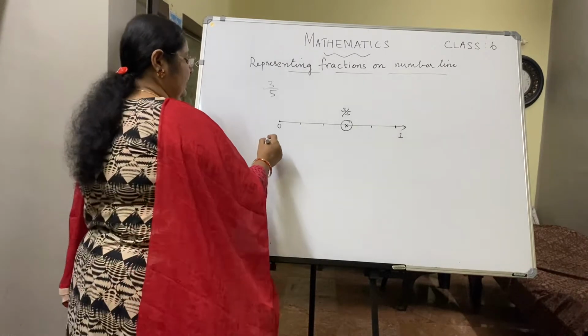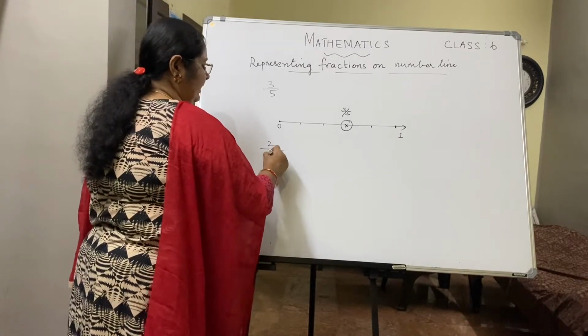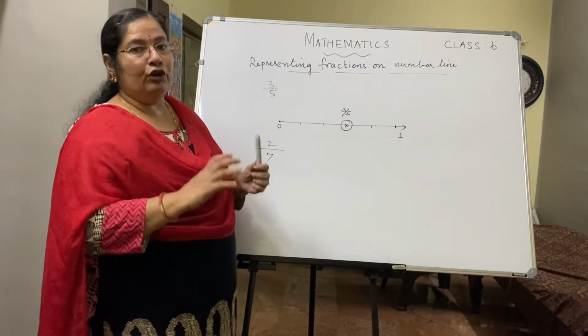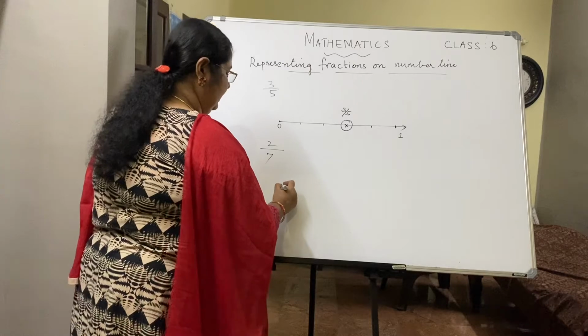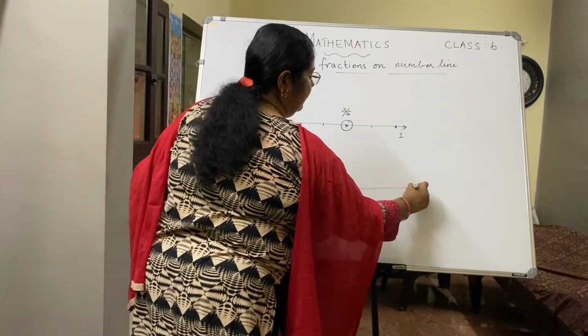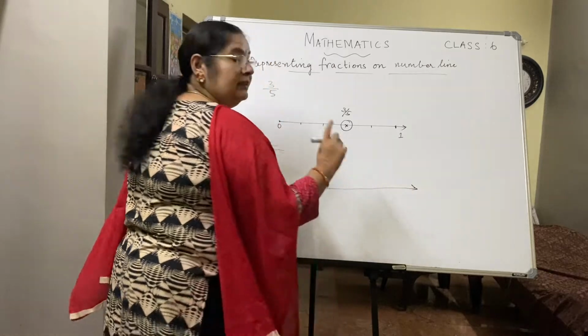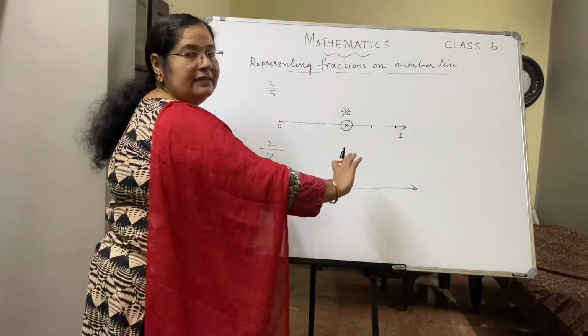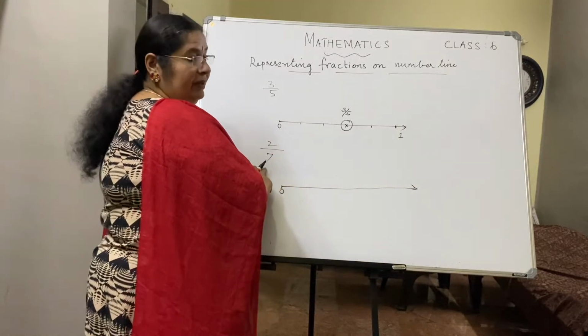One more example we can take. Say 2 by 7. Suppose you want to represent 2 by 7 on a number line. What should you do? You will have the number line starting from 0, extending. The last one is 1. Now how many parts do you have to divide this into? What's the denominator? 7.